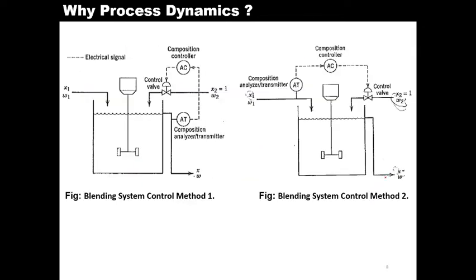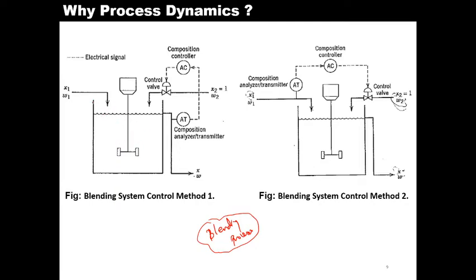system shown here. This is one of the blending processes, and I already told you what a blending process is. In the blending process, two liquids or two fluids are going to be mixed.